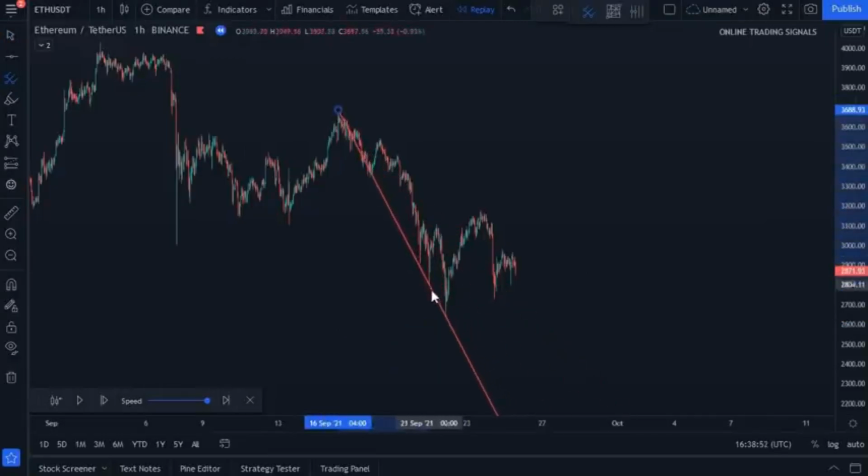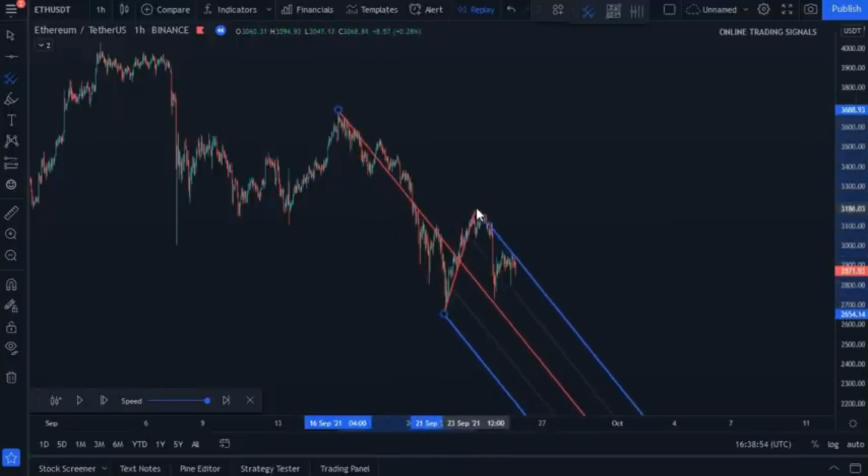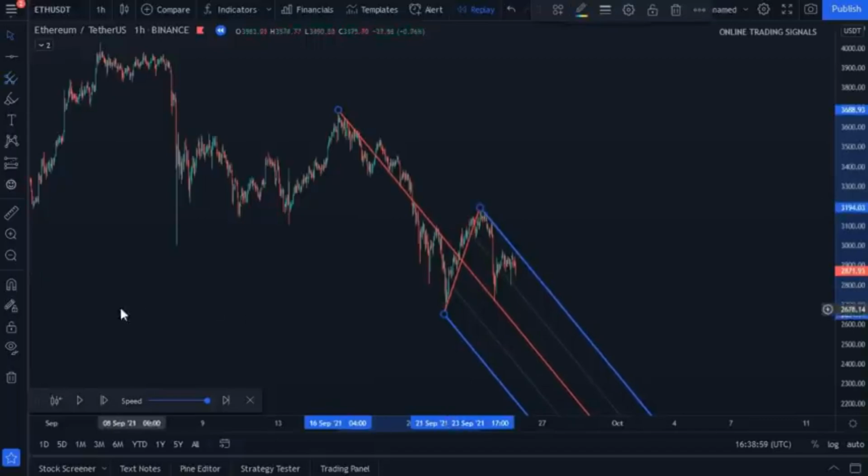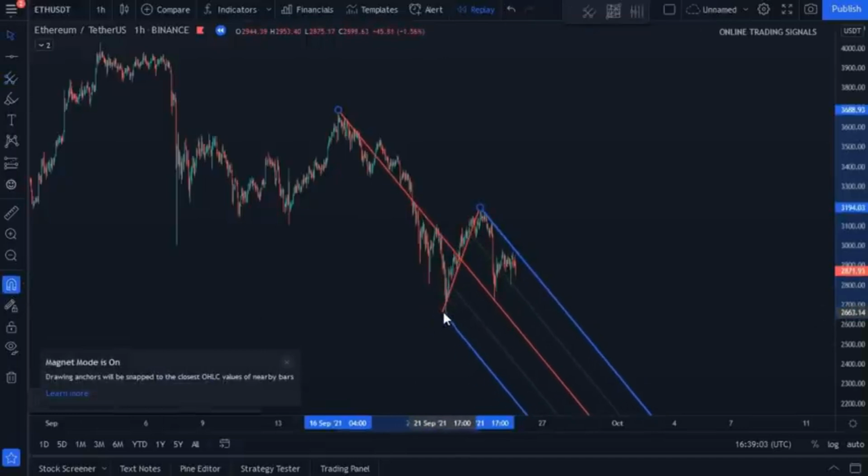Draw from the highest point above to the bottom, and then to the last point. You can use the magnet tool to get an accurate connection between the points. Just click on it and try it. It may be a little annoying, but you will get used to it.